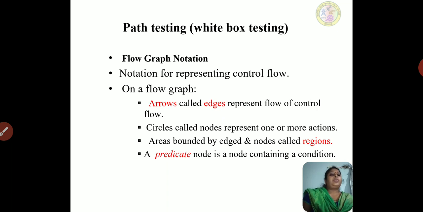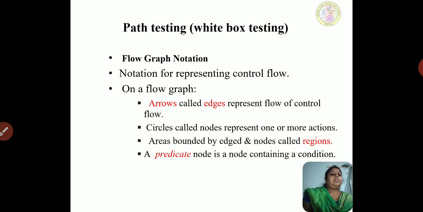As usual in a flow chart, we have arrows, circles, rectangles, or predicates, and each has to be identified by its name. For example, arrows can be called edges. Edges show the flow of control, how it flows from one step to the next.